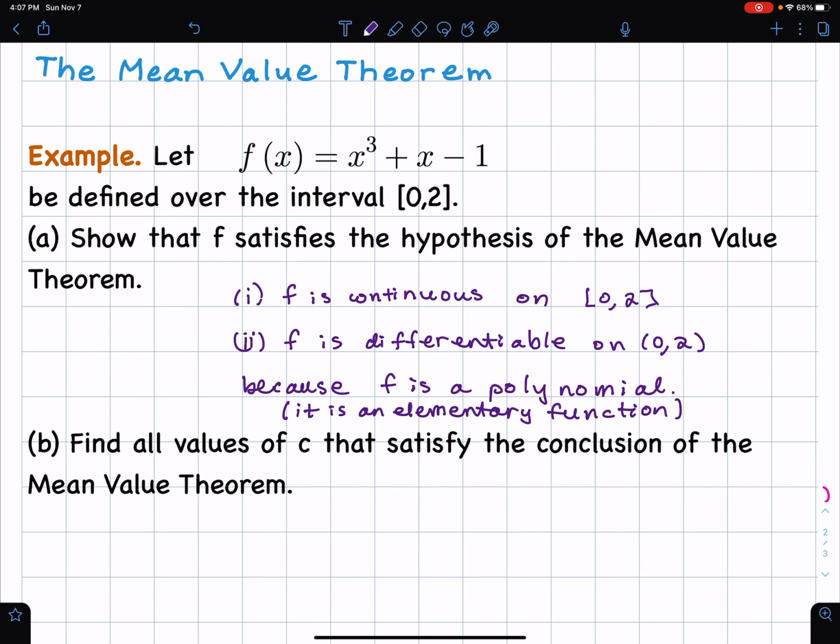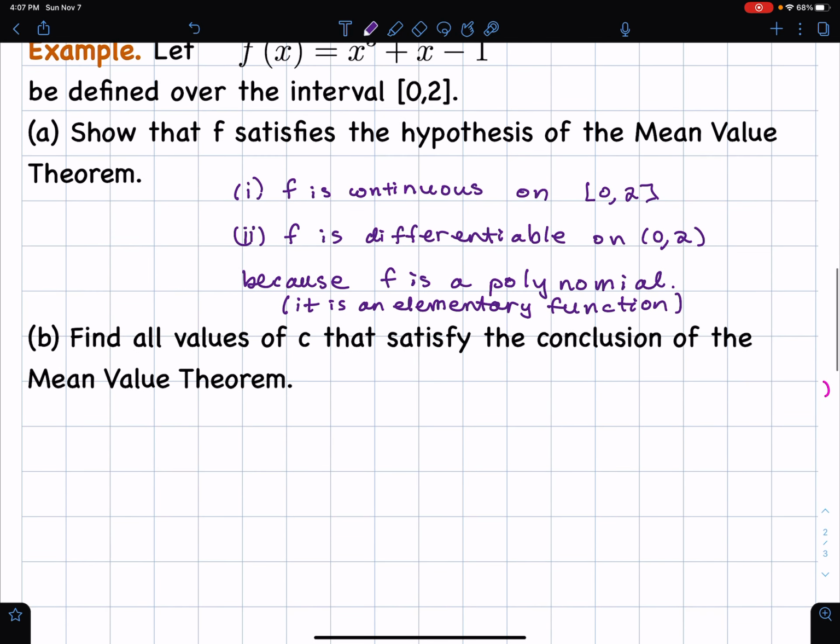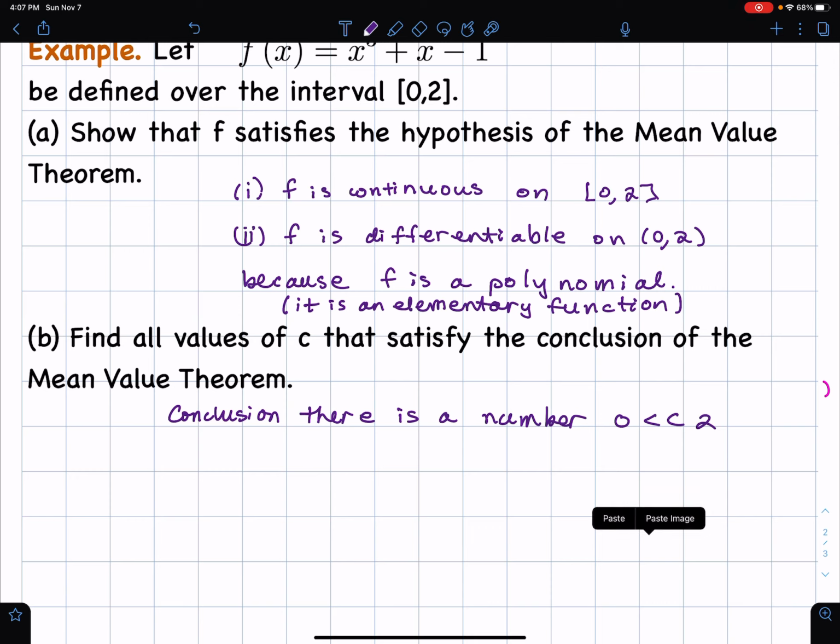So we have this as a polynomial. Now let's get to the conclusion. The conclusion is there is a number c between these guys, 0 and 2.